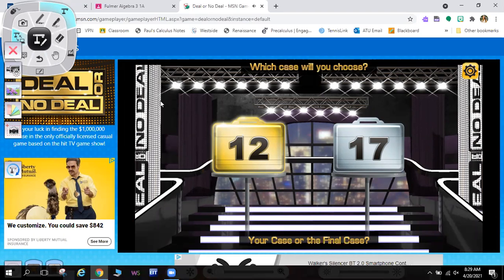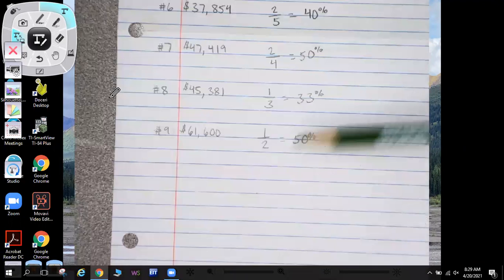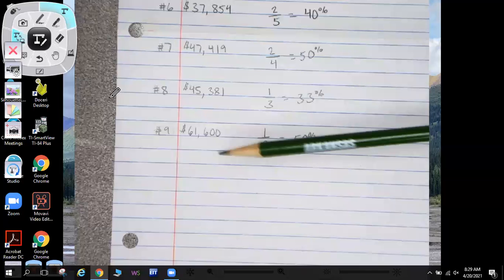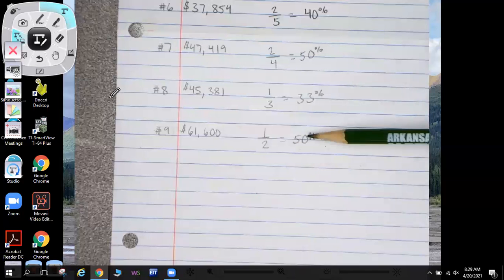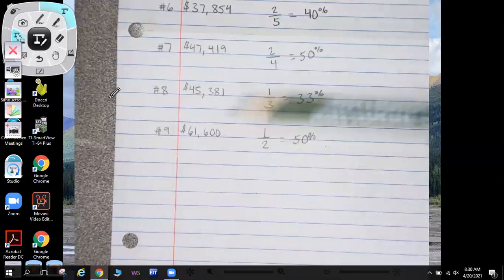Okay, so you're going to have to be quick when you get to the end of the game because you still need to do this math for that offer. There was 1 case that had more than this amount out of the 2 cases that were left. So that's a 50% chance that we could still win more than what the bank is offering us.